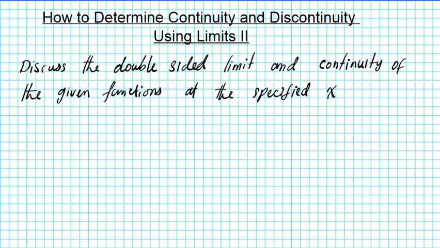Okay, so for question 1, let's say we have the piecewise defined function given by x plus 3 when x is not equal to 2, and then 7 when x is equal to 2.